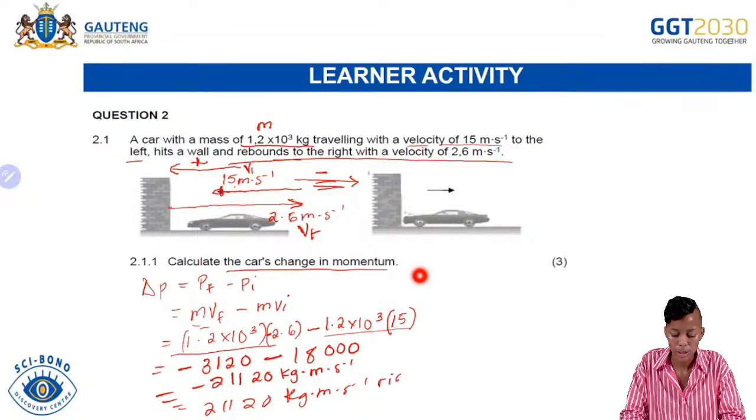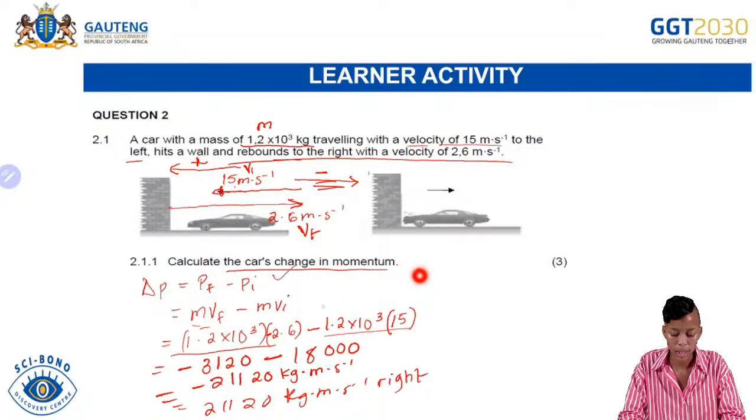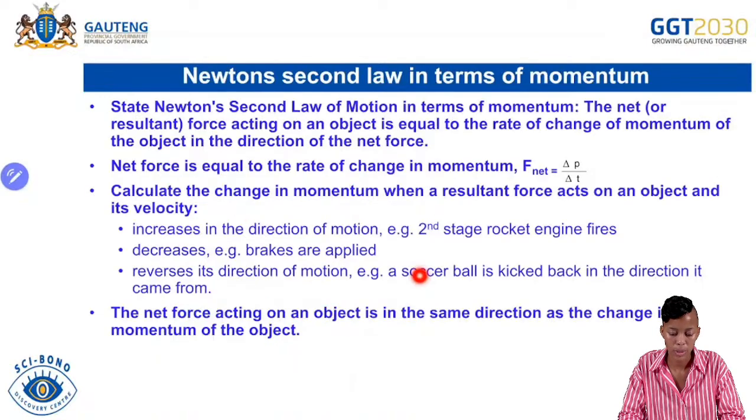For this one, we'll get 1 mark for the formula, 1 mark for the substitution, and 1 mark for the correct answer. That is your magnitude with the correct SI unit and the correct direction. Okay.